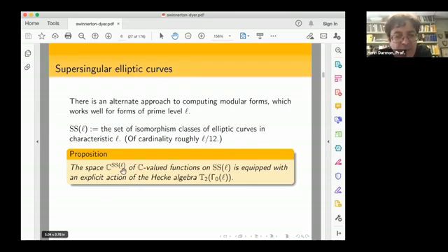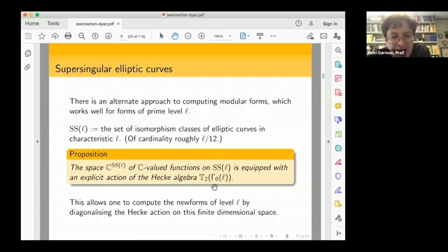The main proposition is that the space of C-valued functions on this set of supersingular elliptic curves is endowed with an explicit action of the Hecke operators, which factors through the algebra T_2(Gamma_0(L)), namely the ring of Hecke operators acting as endomorphisms on the space of modular forms of weight 2 and level L. Then by diagonalizing these operators, sometimes concretely called Brandt matrices, one gets a nice concrete approach to calculating these modular forms.